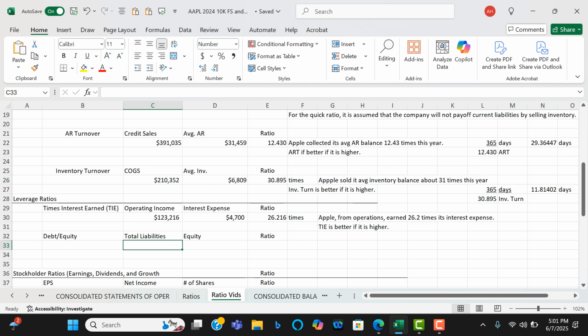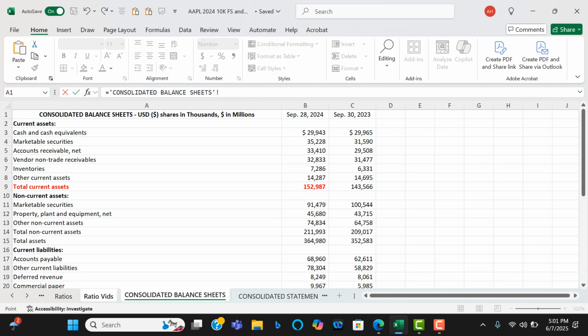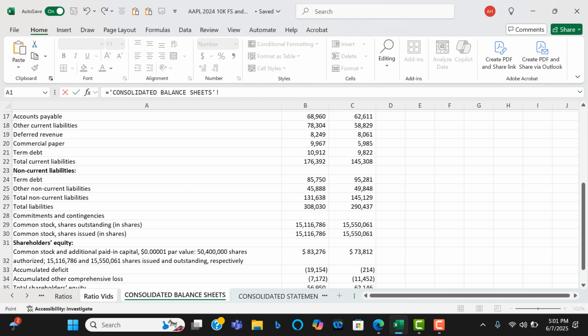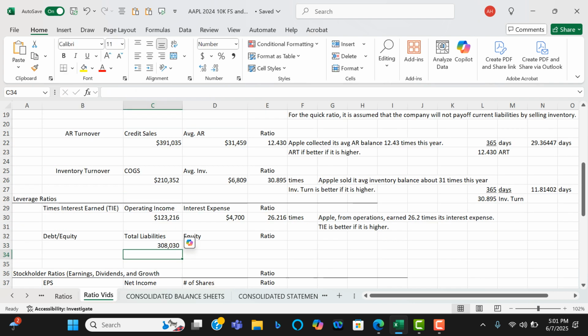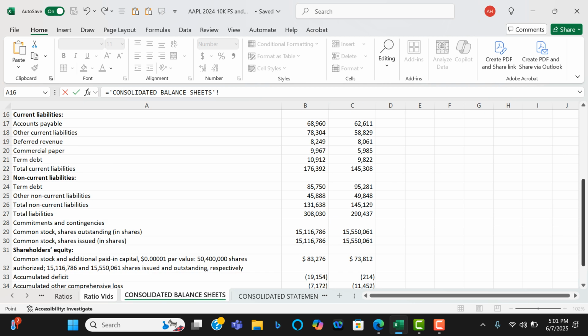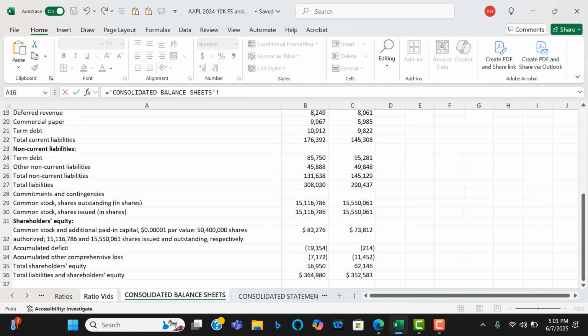Okay, so let's go over to the balance sheet. The balance sheet has total liabilities right here. This is why we classify balance sheets, so you can just pull these ratios off. Total equity on the balance sheet is right there.